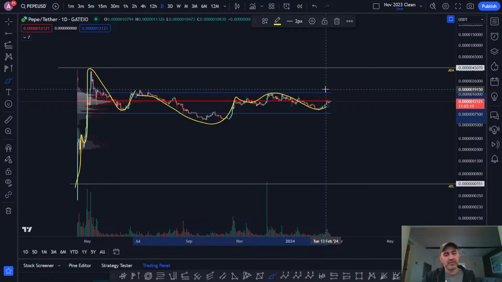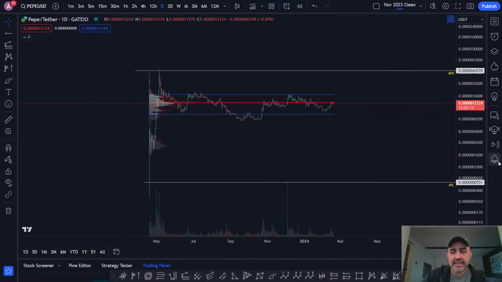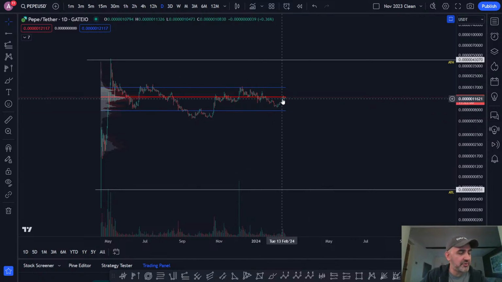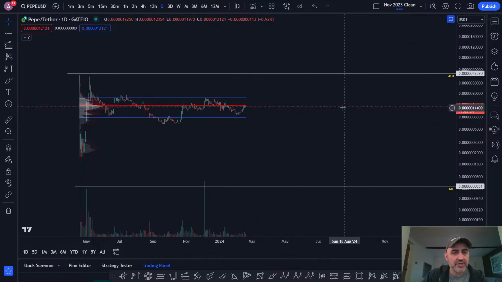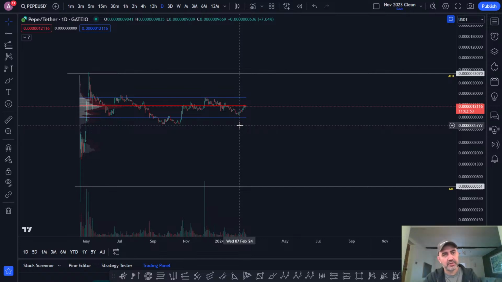So you start off with distribution, and then you continue on to reaccumulation. Now, no one really can predict the length of this reaccumulation, but the longer it goes, the more bullish it is. You want this reaccumulation to be as long as possible, really. There's two types of bullish scenario: deep corrections or long consolidations.